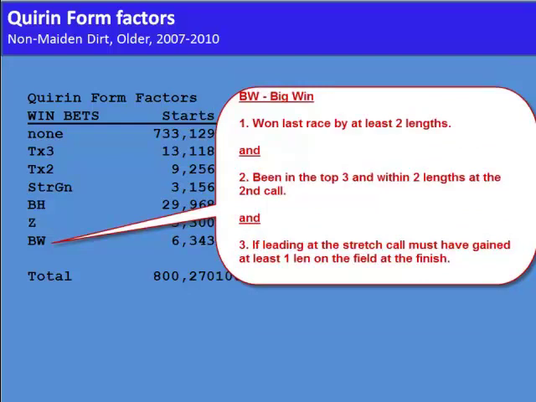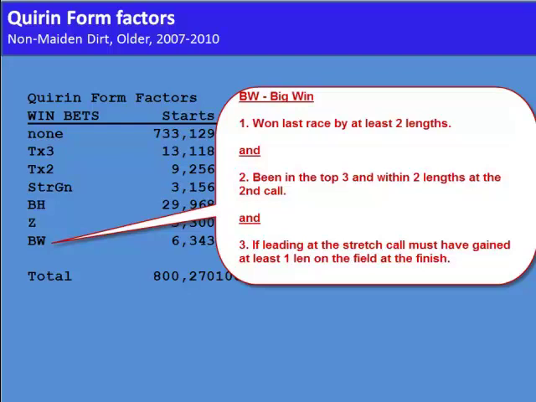Finally, there's the big win. This actually came from one of Dr. Quirin's later books. First, the horse must have won his last race by at least 2 lengths. Second, he must have been in the top 3 within 2 lengths of the leader at the second call.